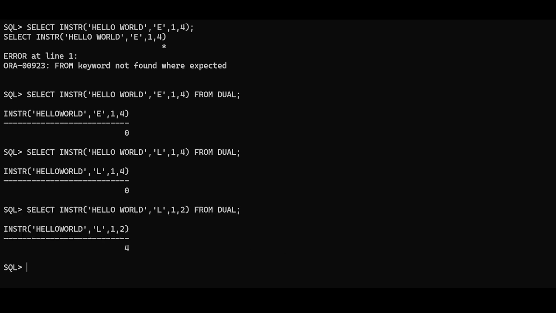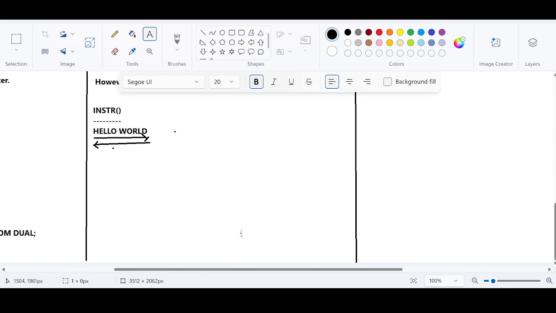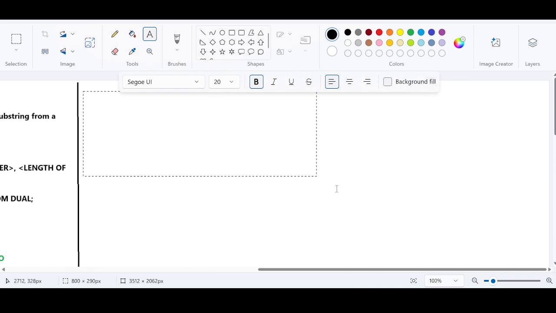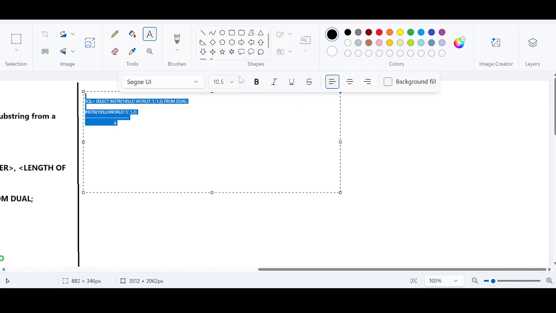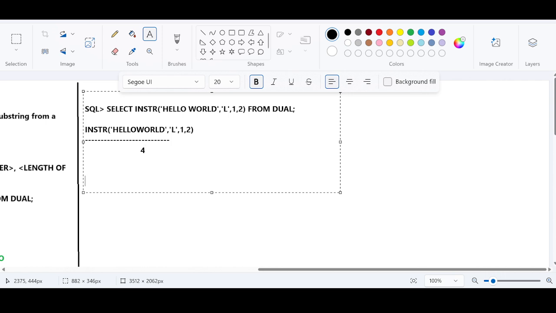So what is happening here is, first you count the position: hello world, H, L, L. There are no spaces. For better understanding, I am just using this W, O or L.